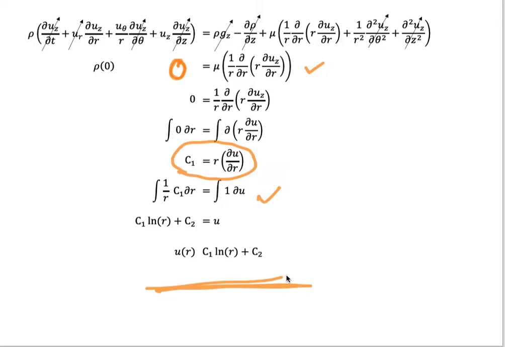If we integrate C1 over r here, we will get ln. So the final equation that we get is ur is equal to C1 ln r plus C2.